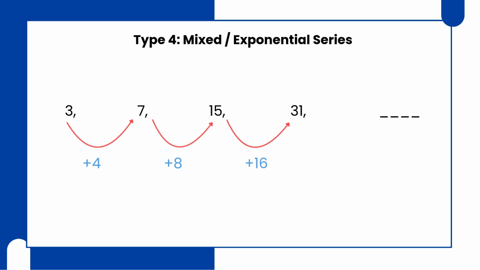These are doubling each time. 4 multiplied by 2 equals 8. 8 multiplied by 2 equals 16. So the next difference must be 16 multiplied by 2 equals 32. The next term would be 31 plus 32 equals 63.